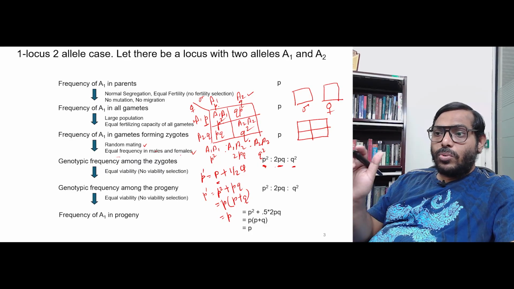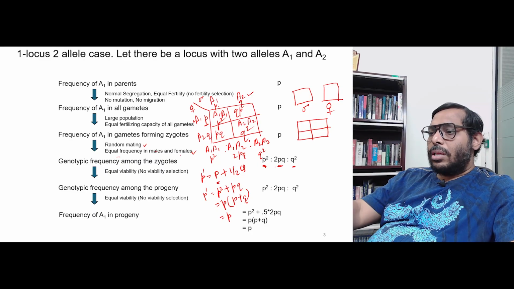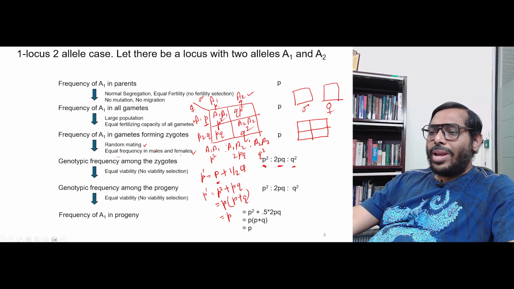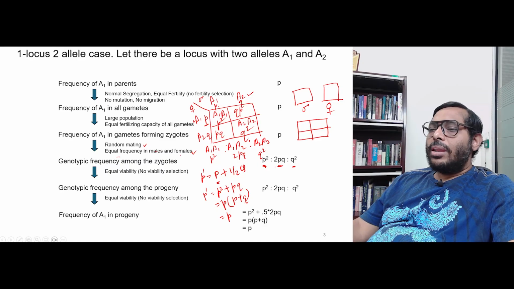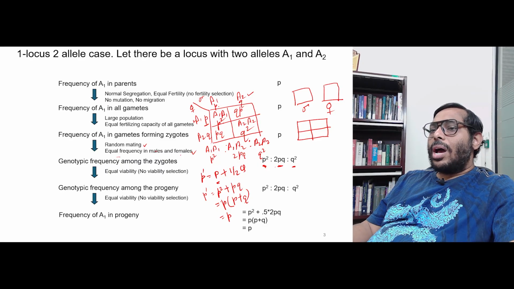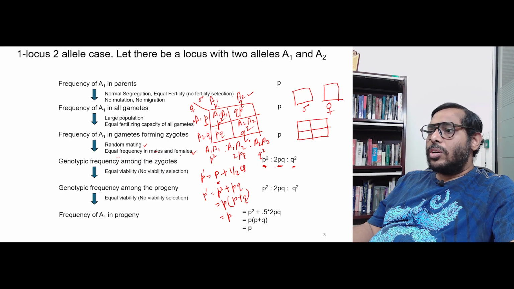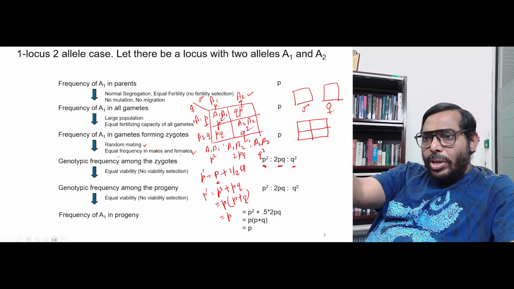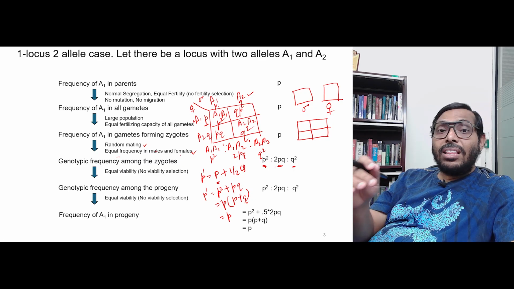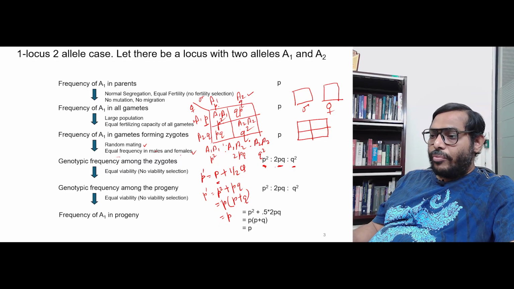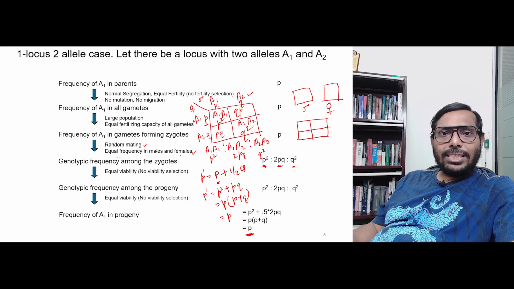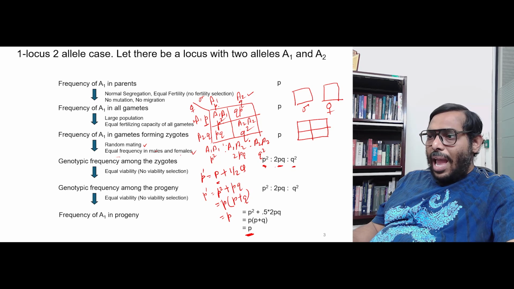As long as there is equal viability amongst all the progeny, this is going to remain as p.